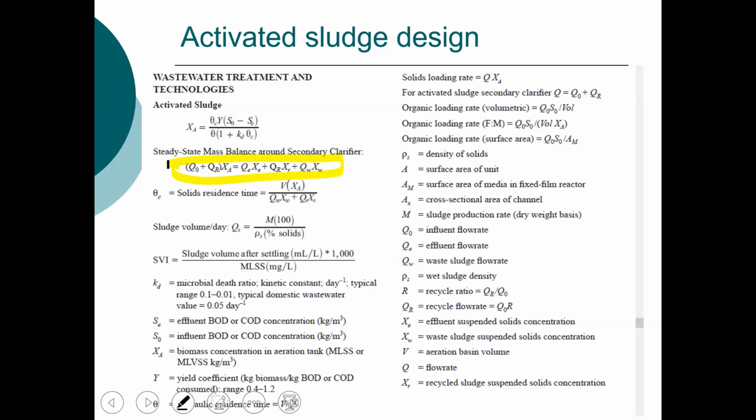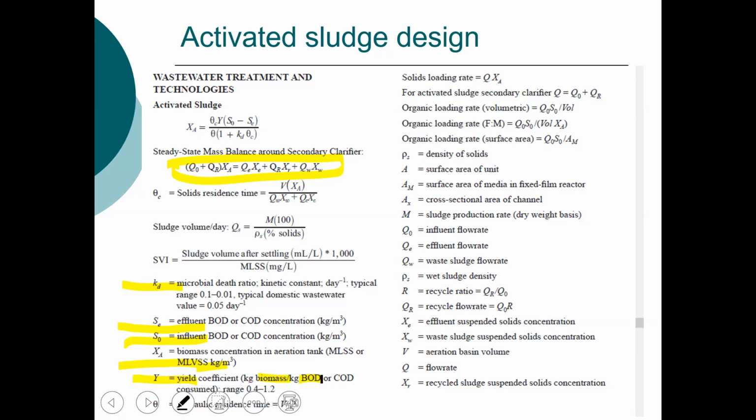We have the same terms that I've used: the endogenous decay rate, the effluent BOD concentration, given here in kilograms per meter cubed, the same as milligrams per liter, the influent BOD, our biomass concentration in the aeration tank, which we will use as the MLVSS, and a yield coefficient, which relates biomass to BOD. Remember, that's what we're linking these two mass balances.